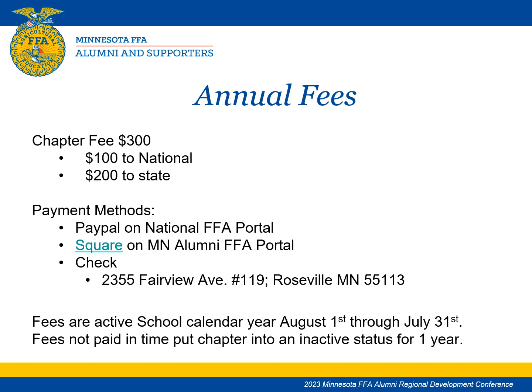It is important to make sure that you remain active status with those fees. For if for some reason you would become inactive, you are unable to utilize those benefits such as the 501c3 and the national emblems for 1 year of inactive status.